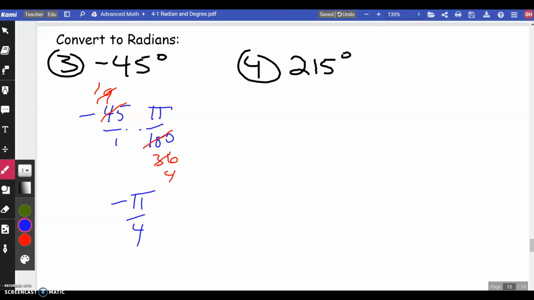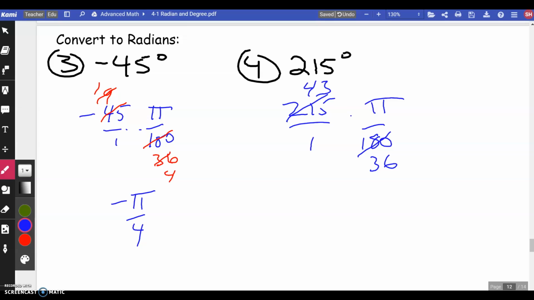All right, and then 215 degrees, same idea, 215 times pi over 180, well, that looks like 150, let's try that again. Okay, and so I would look at this one and say, let's see, 5 goes into this 36 times, 5 goes into that, what, 43?